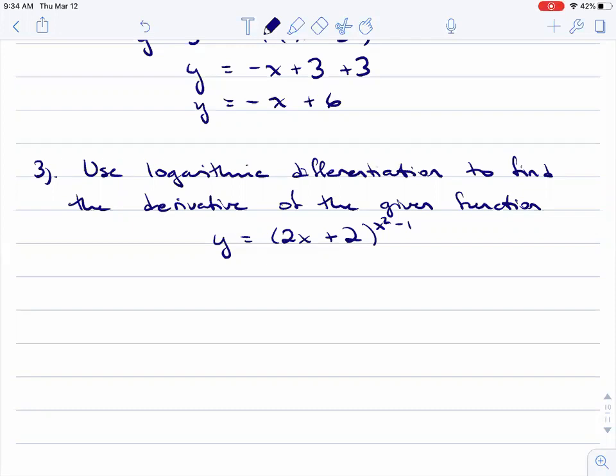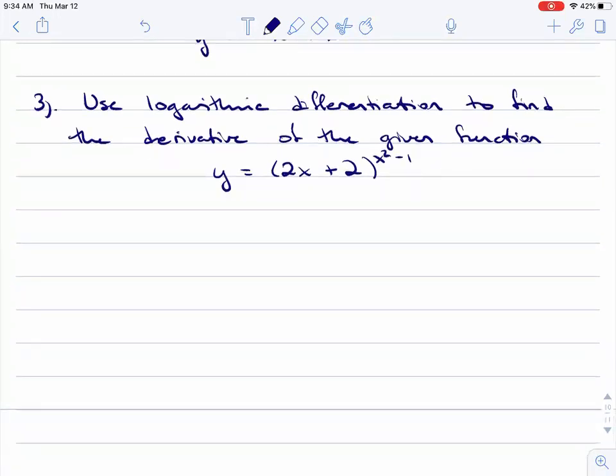Because remember, the goal of logarithmic differentiation is to just simplify finding the derivative, right? And if we take the logs, I always use the natural log just because it has that nice derivative of 1 over x, and so that's easy to deal with.